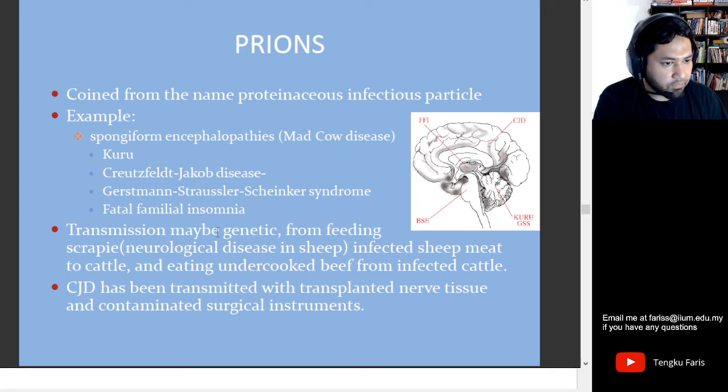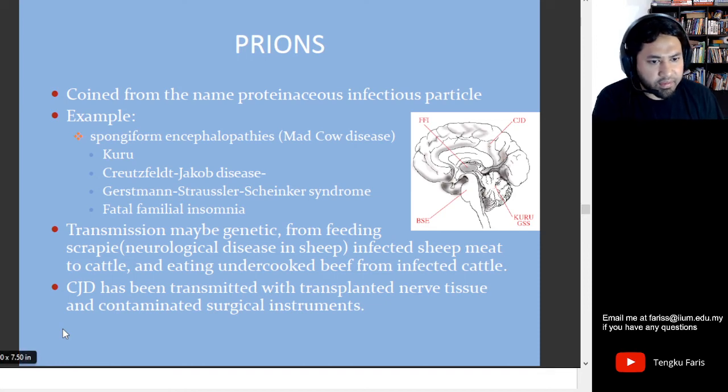It is important for us to avoid eating undercooked beef from infected cattle, right? So it's quite difficult for us to make sure that the meat we are consuming is free from any infectious material.